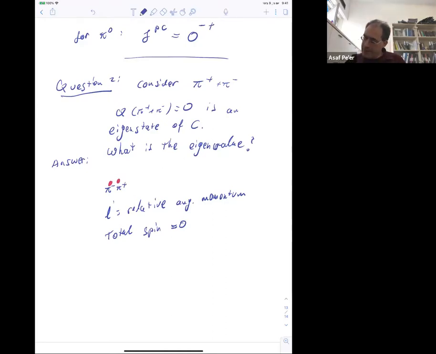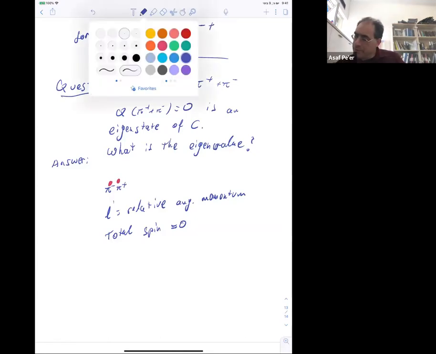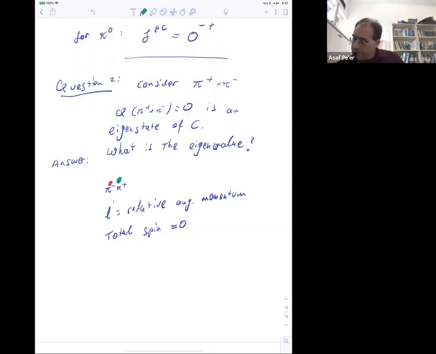So in that case, acting with C on the state is really inverting their relative location. If I act on pi minus, pi plus with a C, then pi minus becomes a pi plus, and the pi plus becomes a pi minus.